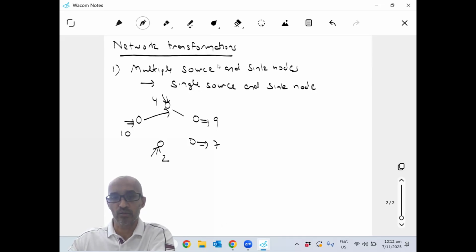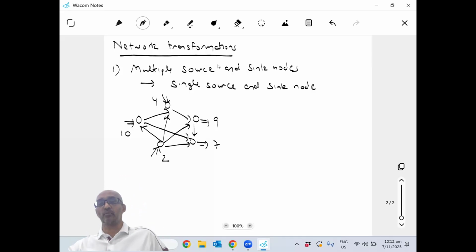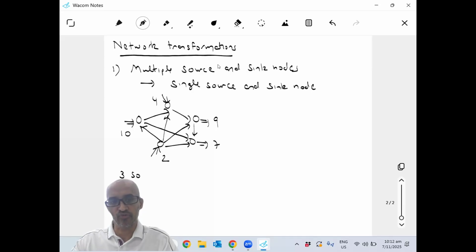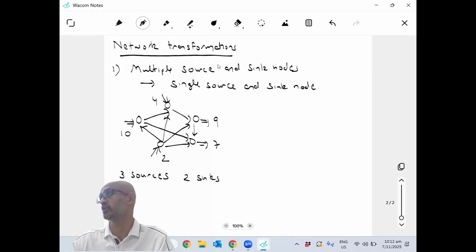And I've got a network of some structure. So there are multiple sources, 3 sources and 2 sinks. I claim that you can always transform such a problem to a single source and a single sink node.